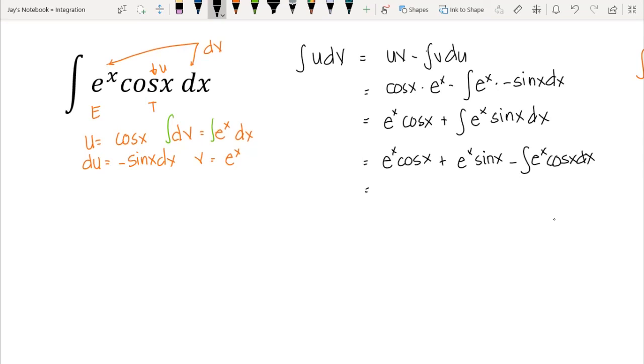However, take note, the integration of e^x cosine x dx is the same as our original function here.